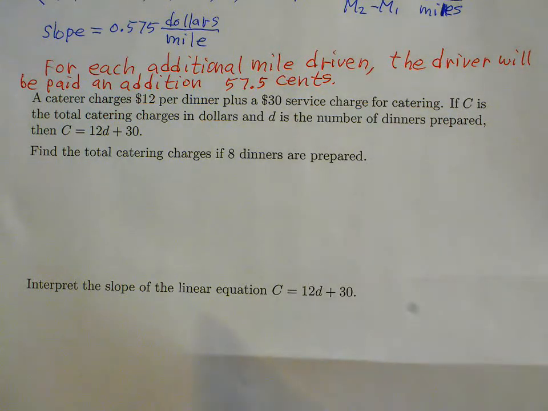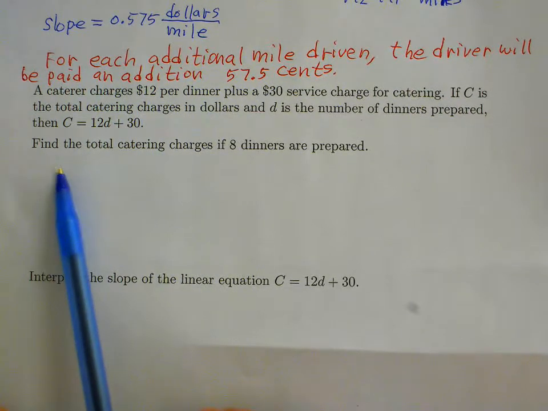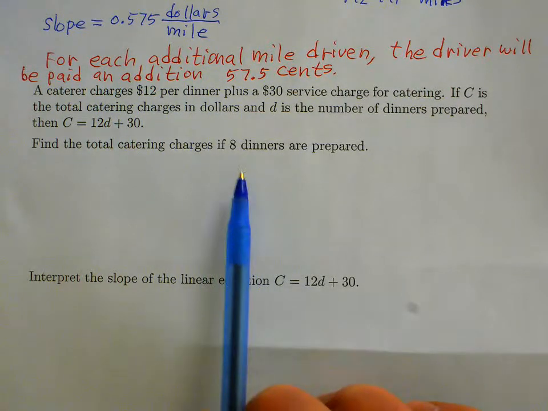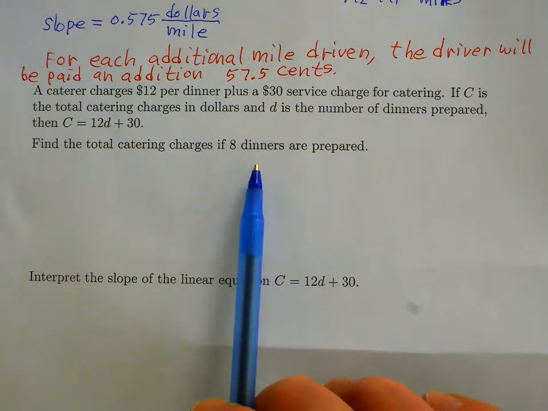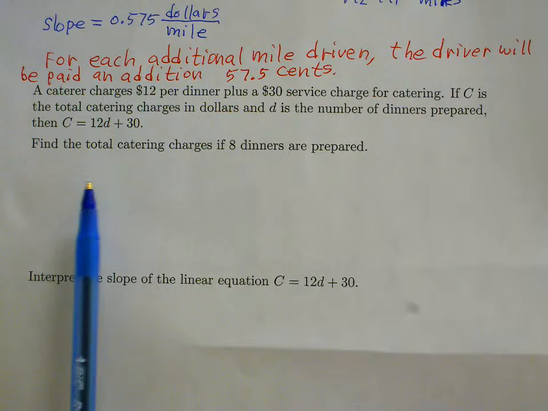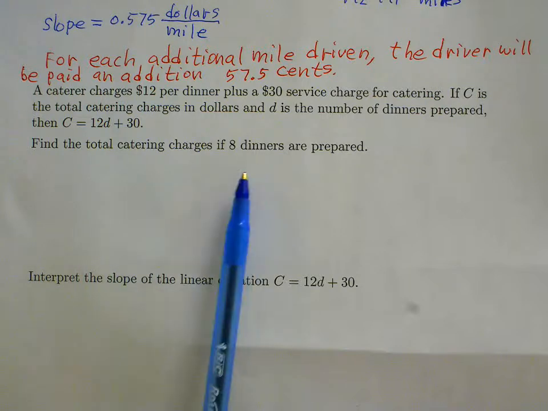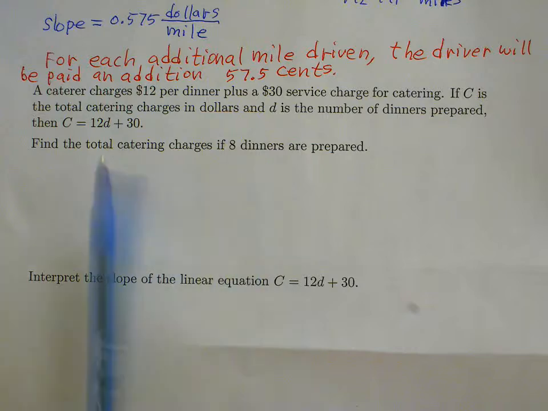Okay, so suppose for one event, the caterer prepares 8 dinners. So how much will the total catering charges be? In the equation, lowercase d represents the number of dinners.